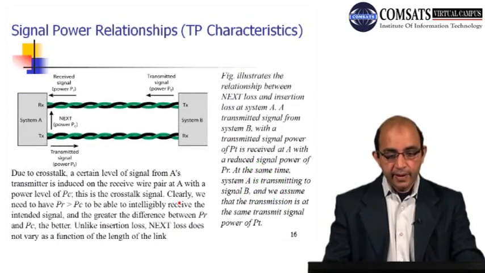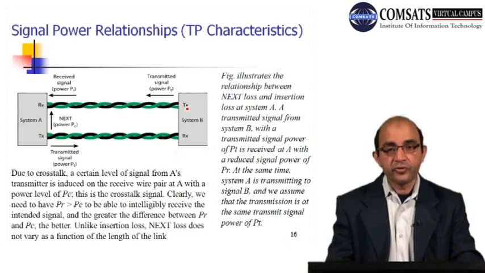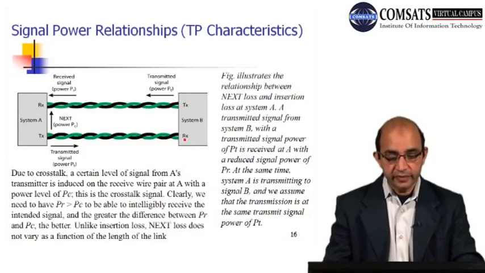Okay, and this is also important: signal power relationship for twisted pair characteristic. Here we have the scenario which I have mentioned, right? If we talk about a telephone set, it can receive and send voice, so we have a transmitter and a receiver as well.